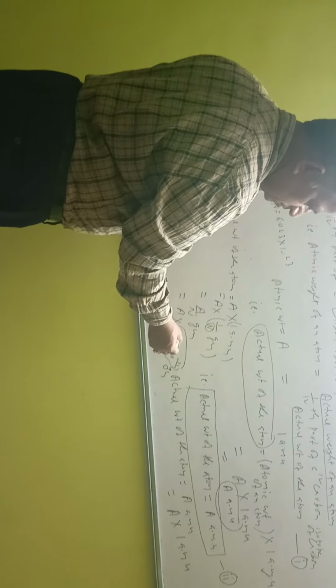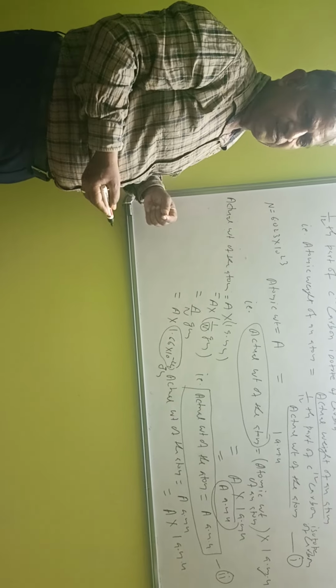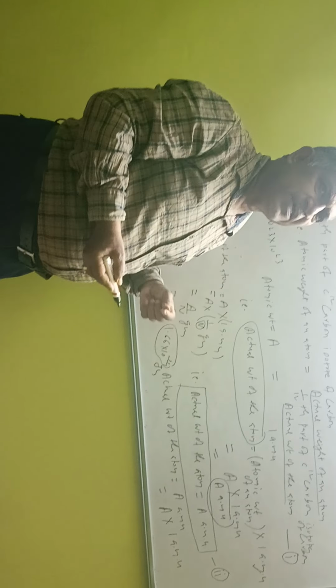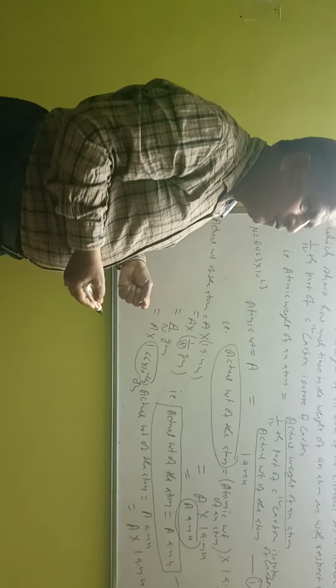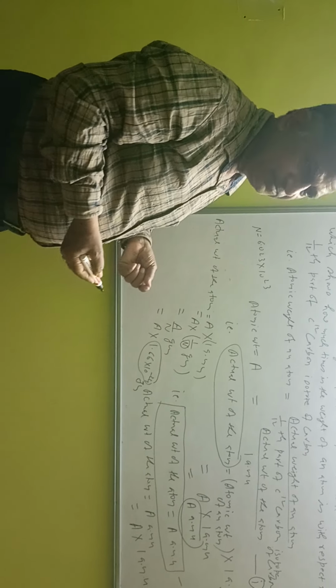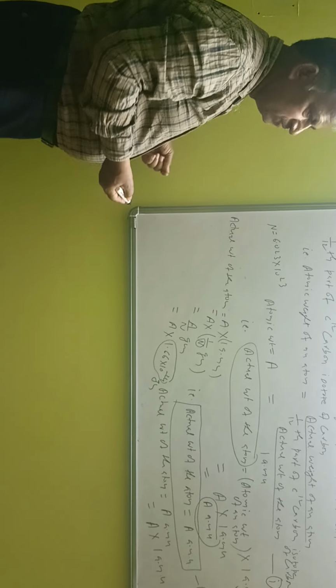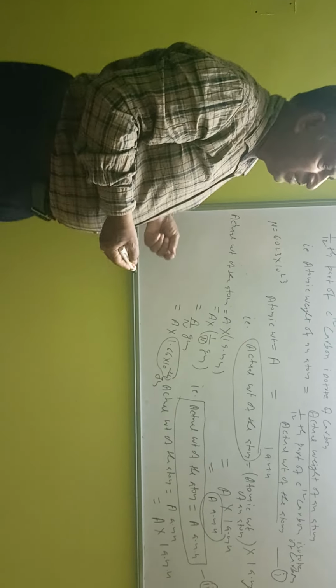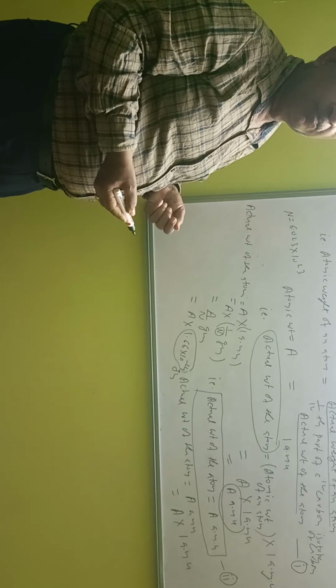So these questions come in your JEE Main or JEE Advanced. How? Try yourself. I am giving the question and later on I will give the answer. Find the actual weight of one atom of gold in pound.